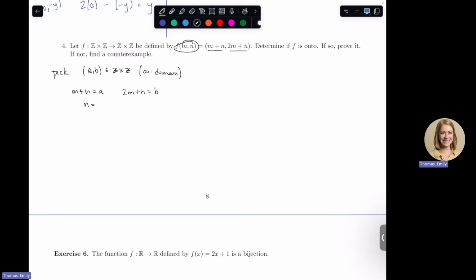So n is A minus m. I don't know if this is the best way to do this. This is just how I did this.